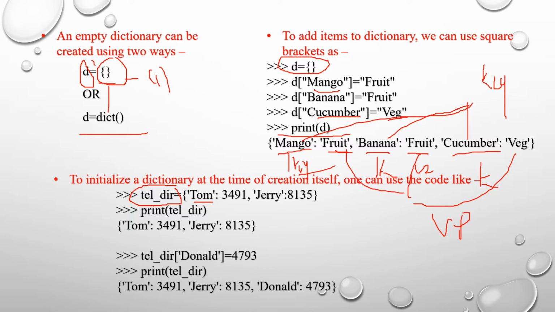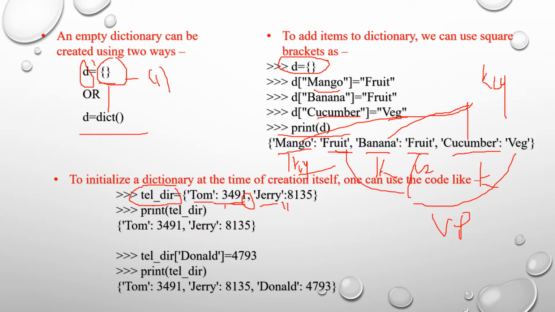Here the key is Tom, colon, and the value is 3491, comma, and the next key is Jerry, colon, and the value is 8134. This is the first set. Each set consists of a key and a value, and the sets are separated by commas.